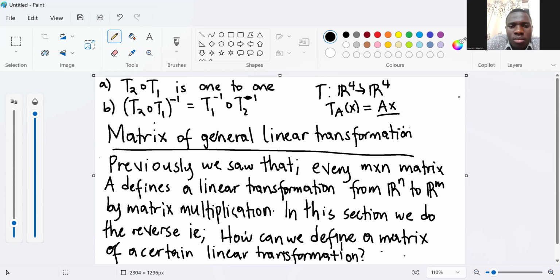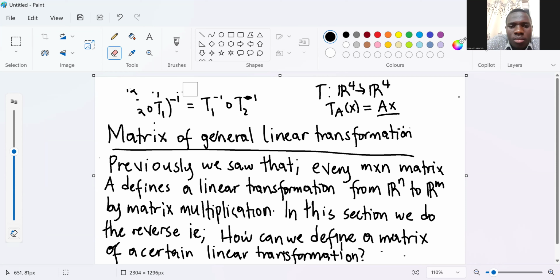Let me emphasize the things which I am going to use in my examples.